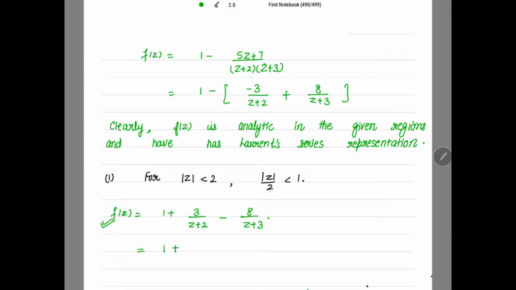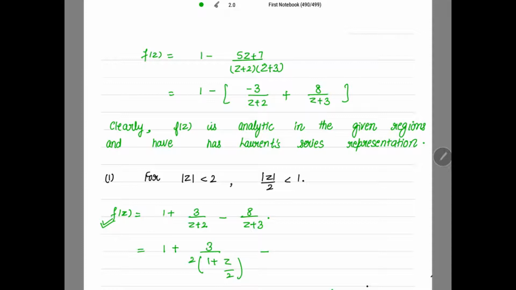But I need |z/2|. So I have to take 2 common, giving 1 + z/2. Very clear? Alright. Next, 8 over (z + 3).